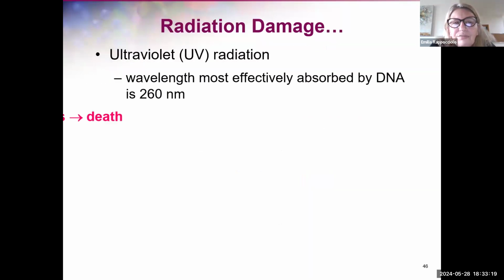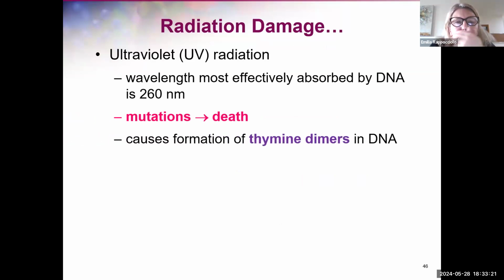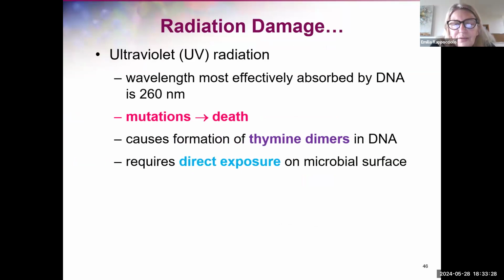Ultraviolet radiation causes mutation by formation of thymine dimers in DNA. It is a dangerous radiation, but it's not as penetrating as the ionizing radiations. It can be blocked by surfaces.